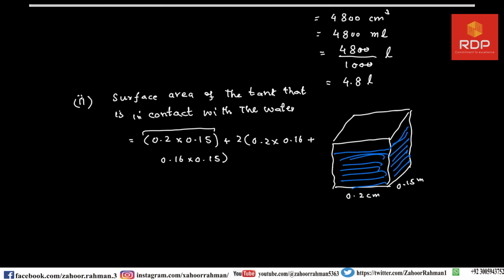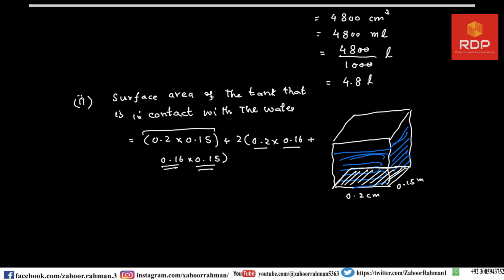So if we are finding the area of the bottom, because that bottom is in contact with the water, and then there are 0.2 multiplied by 0.16 and 0.16 multiplied by 0.15 is the blue area, that is in contact with the water.